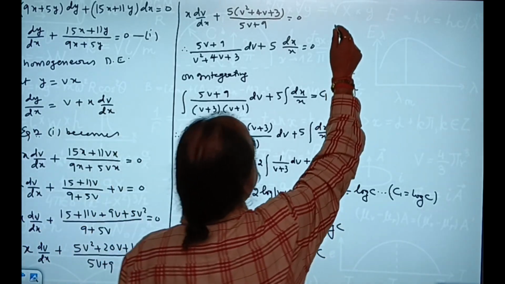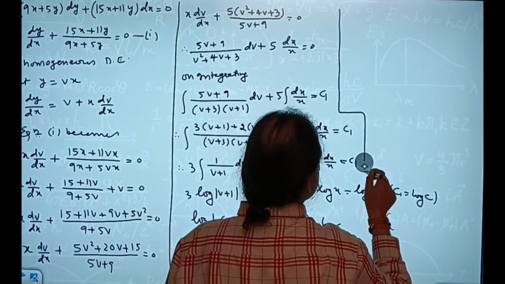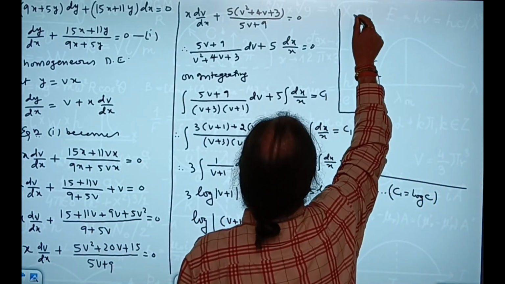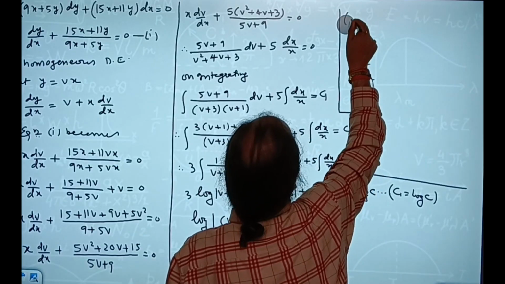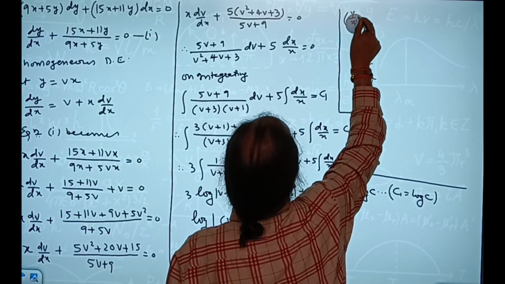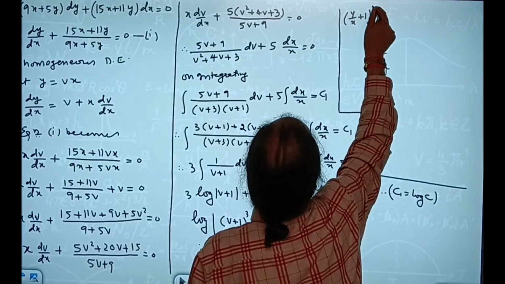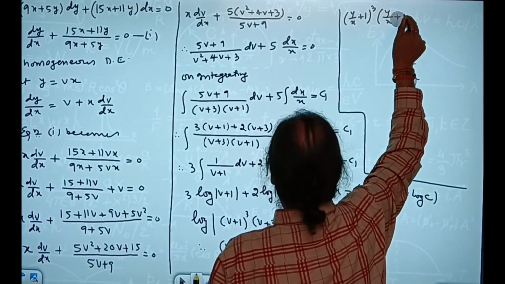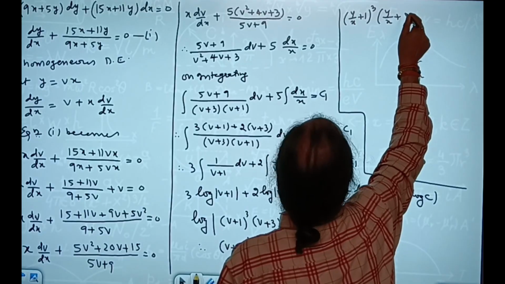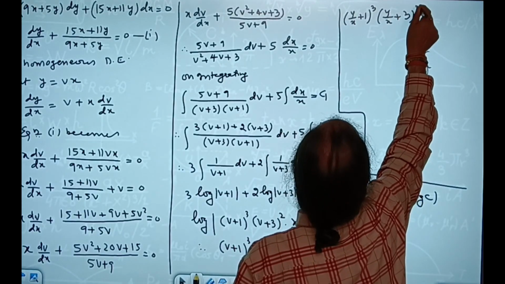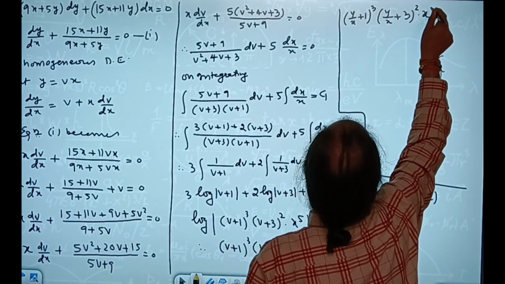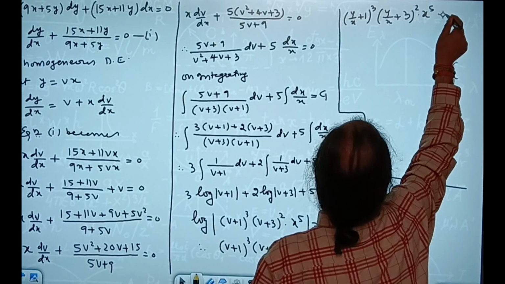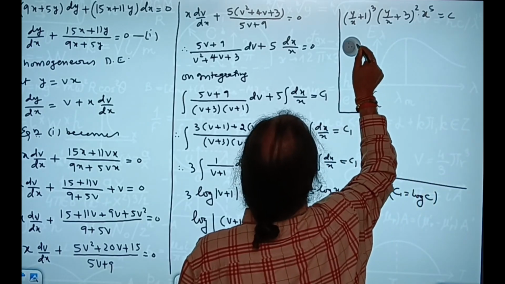V is what? y by x. So y by x plus 1 cube, y by x plus 3 square into x raised to 5 is equal to c.